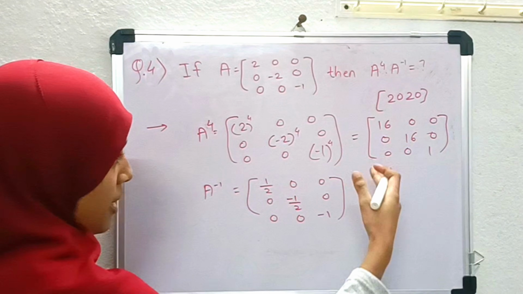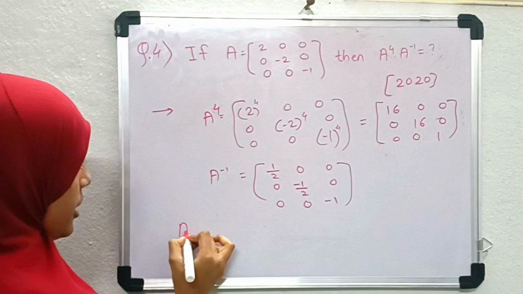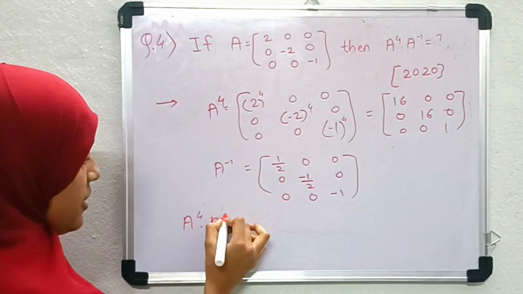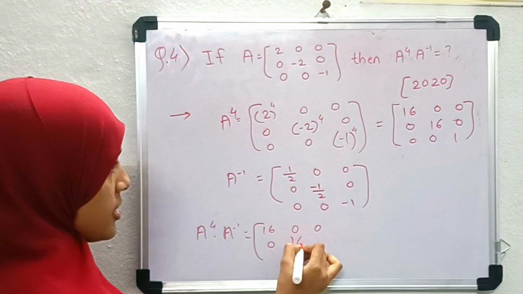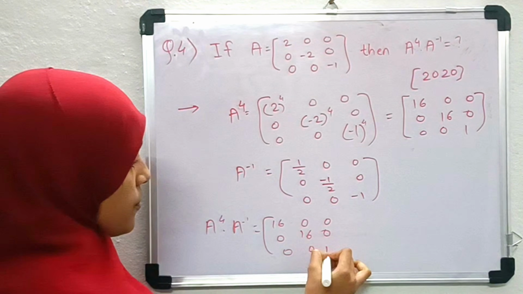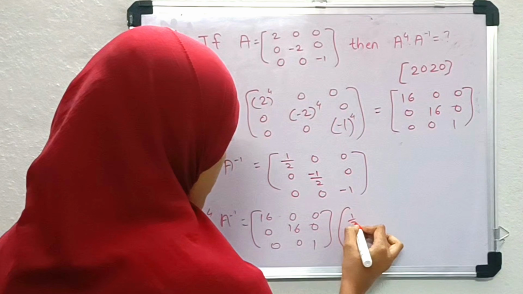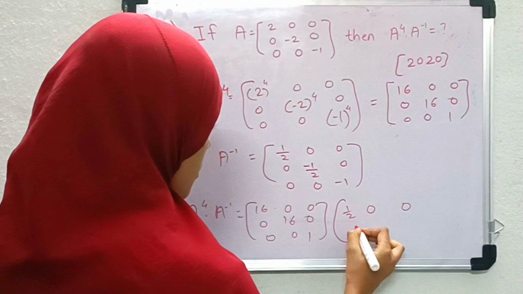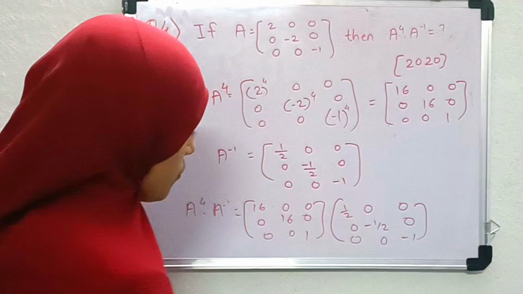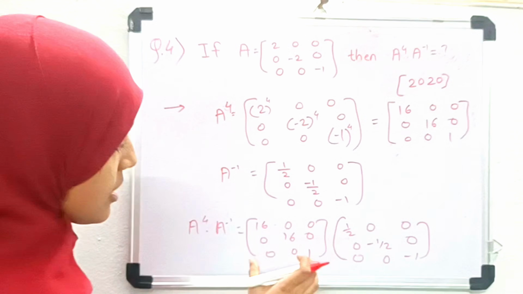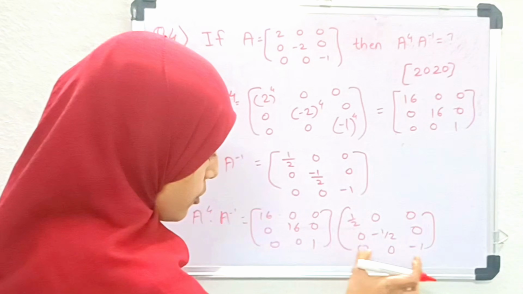So we have to multiply both. So A to the power 4 into A inverse will be 16, 0, 0, 0, 16, 0 and 0, 0, 1 into 1 by 2, 0, 0, 0, minus 1 by 2, 0, 0, 0, minus 1. We know that this is also a diagonal matrix and this is also a diagonal matrix.